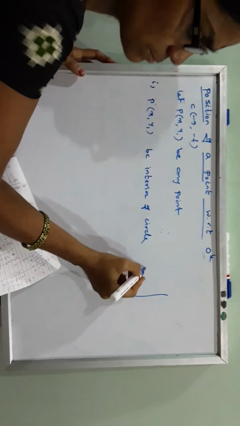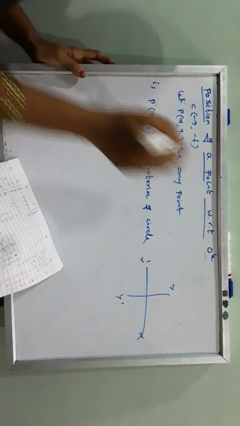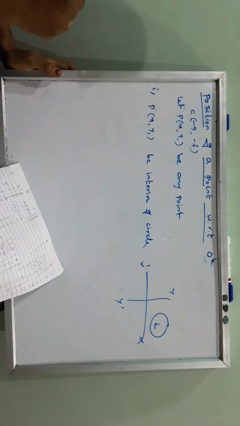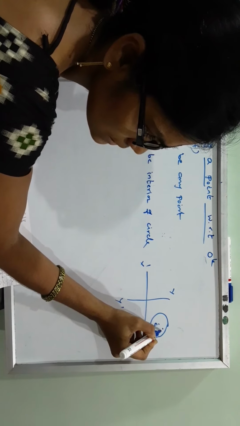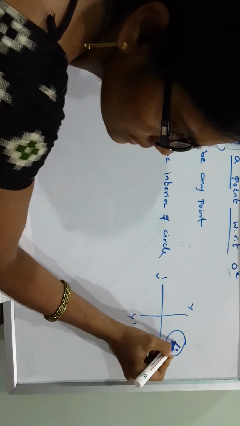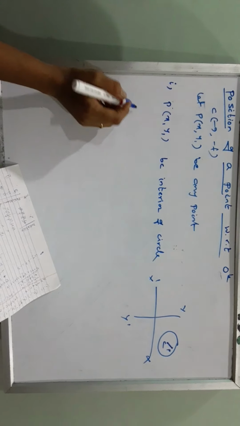Let us take a diagram. Here x, y, x dash, y dash, the circle, and this is the center C. P is in the interior of the circle. So let us take here P and CP.